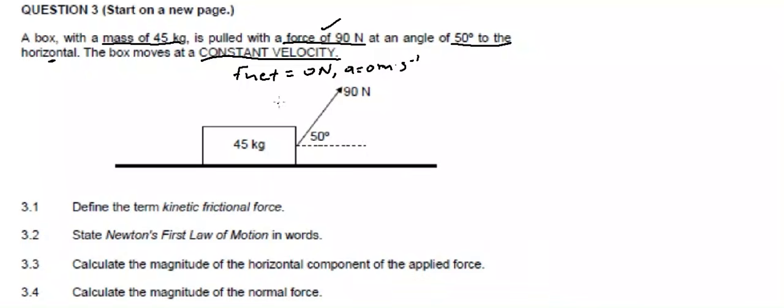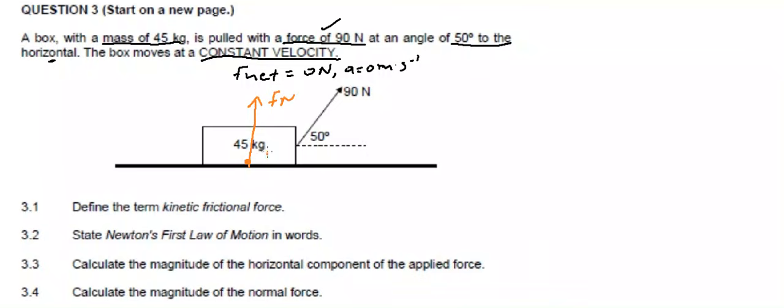So the first thing that you need to do when you are about to answer questions on Newton's laws is to draw your free body diagram. There is a surface here, which means we have the normal force.